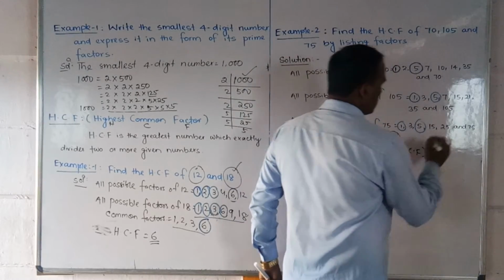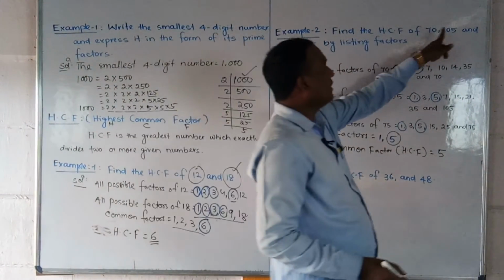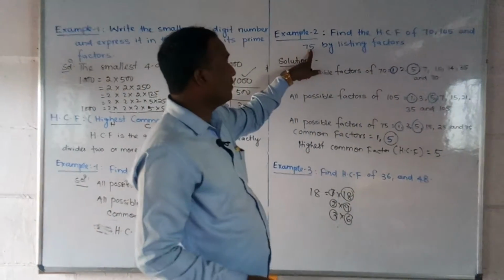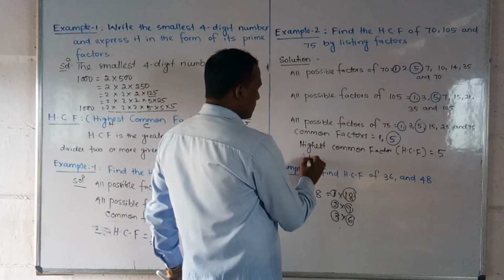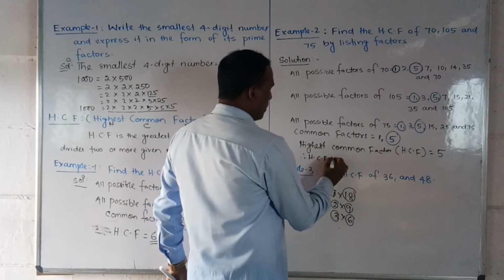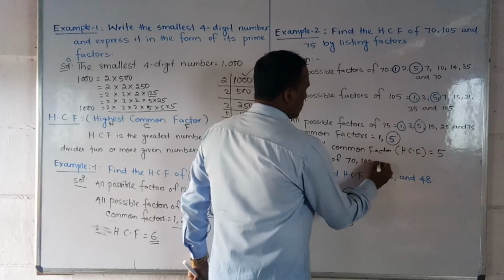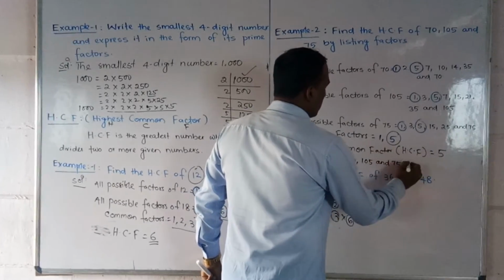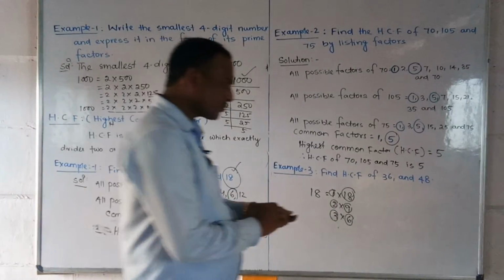So 5 is the HCF. So HCF of 70, 105 and 75 is 5. Did you understand, friends?